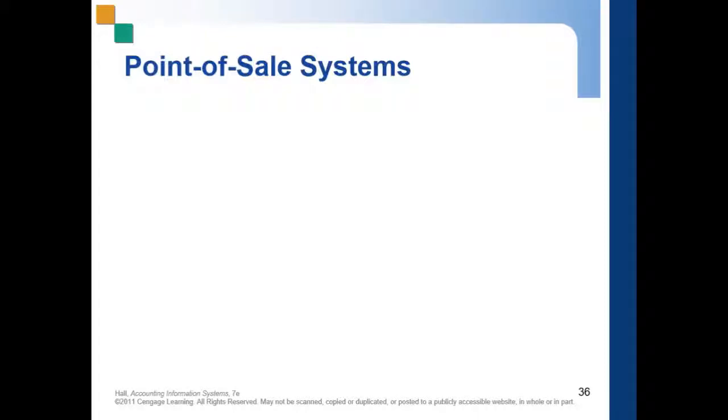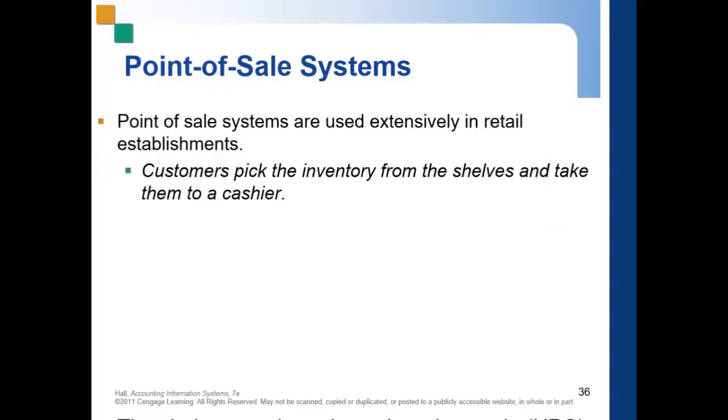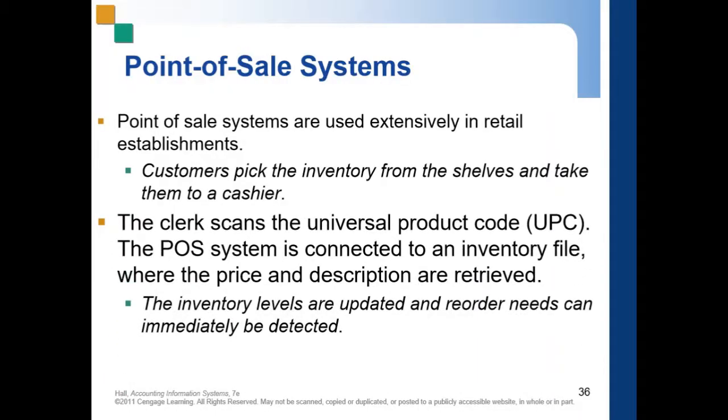Now, we have what we call the point of sale system. So, a point of sale system is a system that is used in the revenue cycle, or it supplements the revenue cycle, or it is one way of re-engineering the revenue cycle.